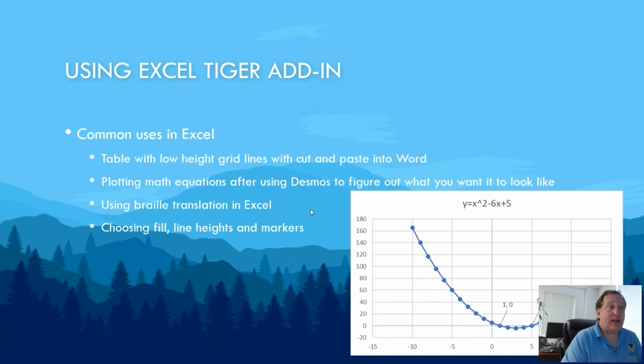You can set the grid lines to some nice low dot height, like a gray instead of the full height black, and then it doesn't get in the way of the data inside the table. But it's a really easy way to drop something back into the original Word document and then hit translate on the whole document, and it will translate and formulate the table to fit the layout of the page that you have chosen. So I use that all the time. It's just Excel table to Word.